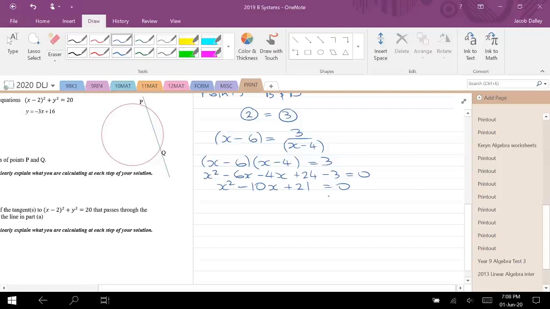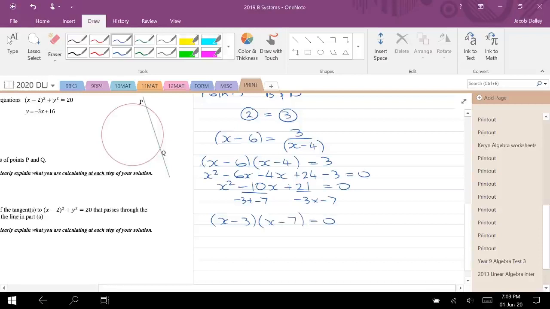And this is actually another basic quadratic that we don't have to use the quadratic formula for, because factors of C which add to B, well, if we had negative 3 times negative 7, we'd also have negative 3 plus negative 7 adding to negative 10. So those are going to be our numbers which we put into our quadratic, x minus 3 and x minus 7 equals 0.